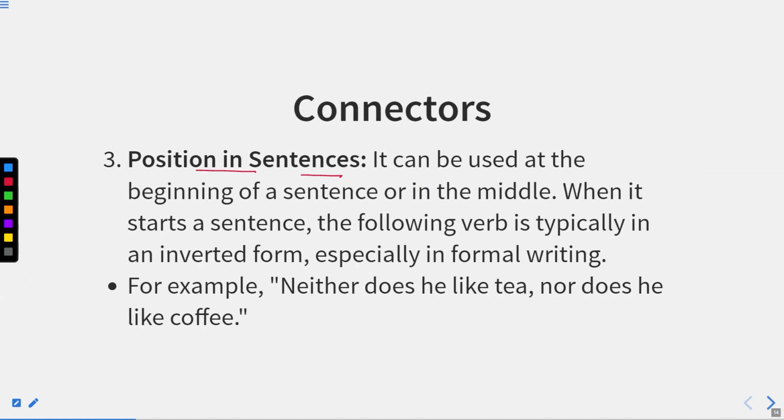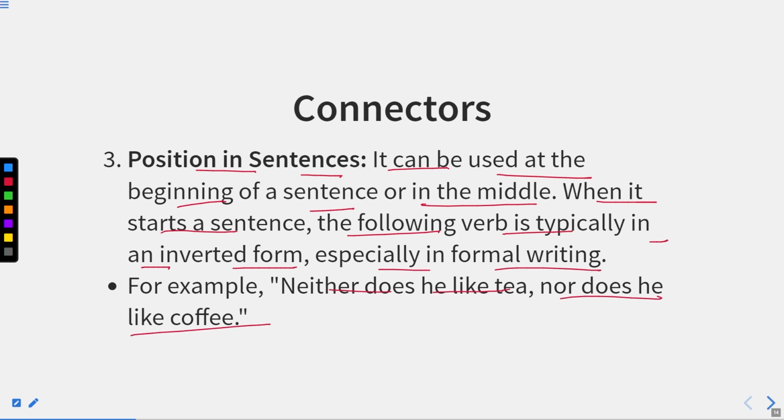Position in sentences. It can be used at the beginning of a sentence or in the middle of the sentence. When it starts a sentence, the following verb is typically in an inverted form, especially in formal writing. Neither does he like tea, nor does he like coffee. Okay.